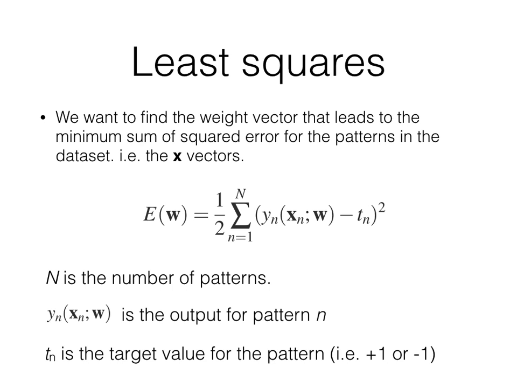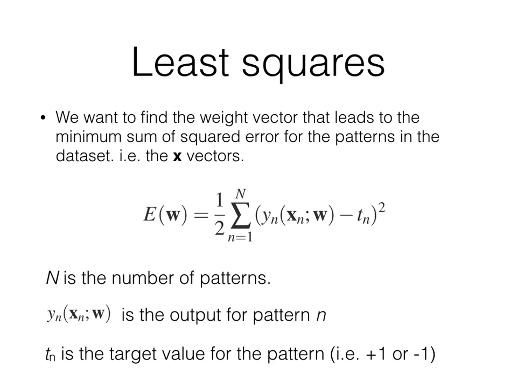So inside the brackets, we've got y of n, x_n, w. All that's saying is that's the output for pattern n from the hyperplane using the weight vector. So that's going to be the g of x.